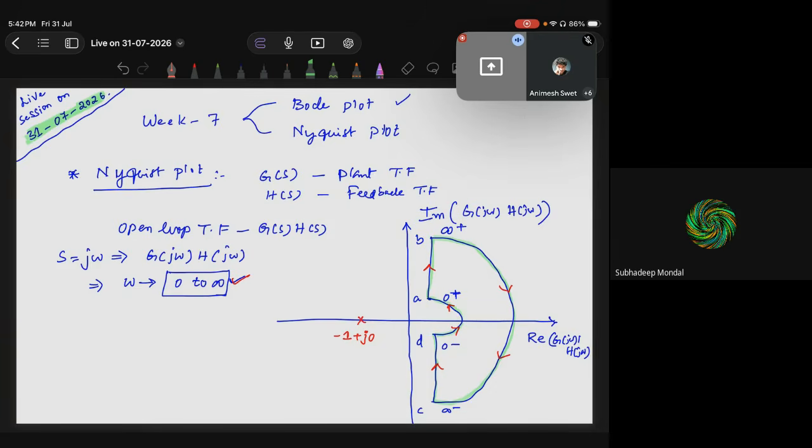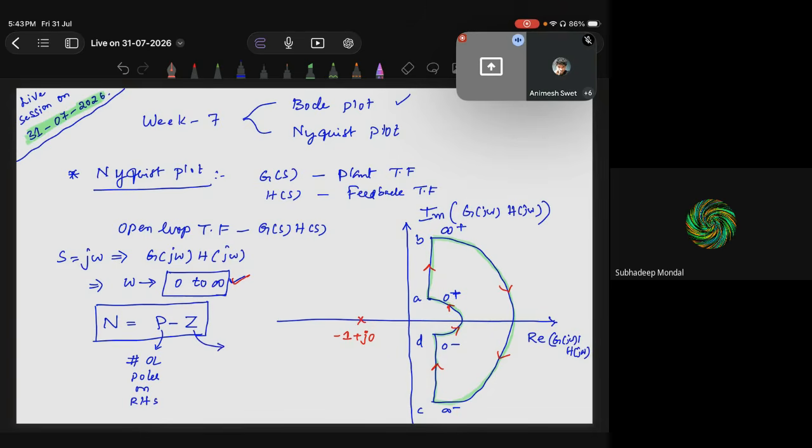Correct? Now finally, we will check this equation: N is equal to P minus Z, where P is nothing but the number of open loop poles on the RHS.